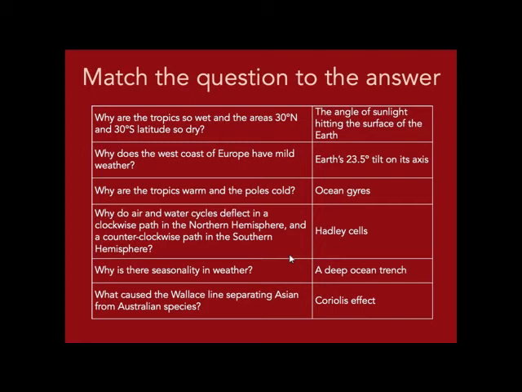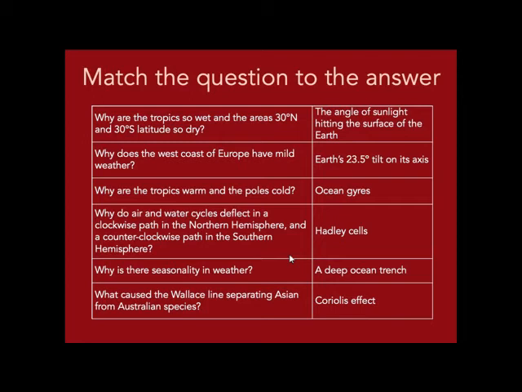Yeah, do you remember the name of the particular circulation cell that goes between the equator and 30 degrees north and then between the equator and 30 degrees south? Yeah, it's Hadley cells. So why does the west coast of Europe have mild weather? That's the ocean gyres. Wow. Yeah, I thought you hated the water. I kind of hate the water, but I'd like to see that.